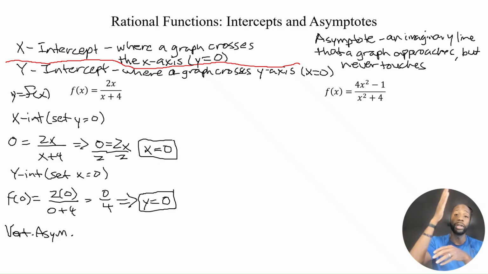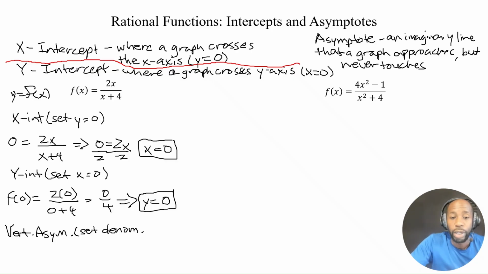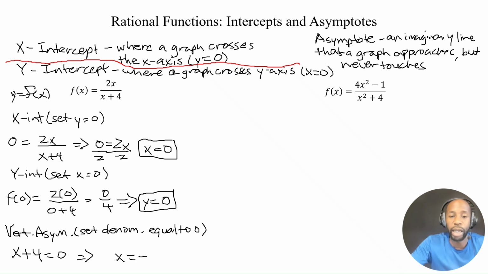It gets huge, if that makes sense. So that's where vertical asymptotes will be located, where the denominator is equal to 0. So we set the denominator equal to 0: x plus 4 equals 0. That means there's a vertical asymptote at x equals minus 4.